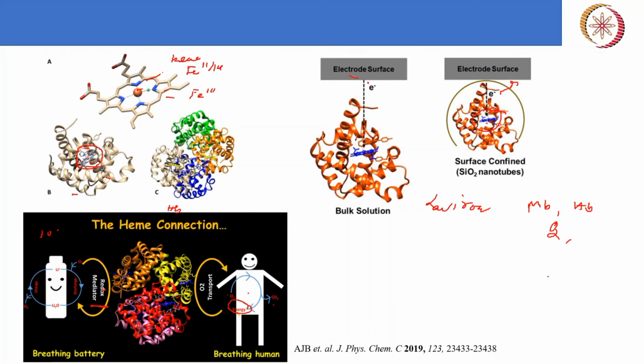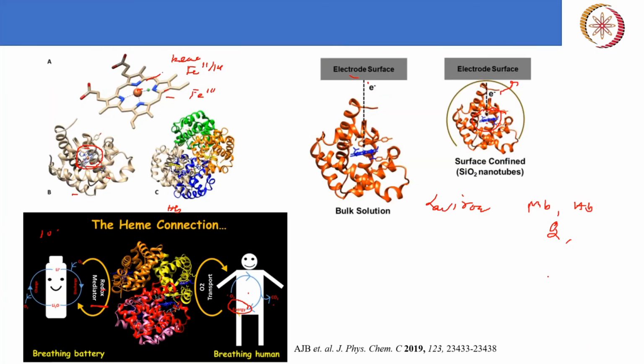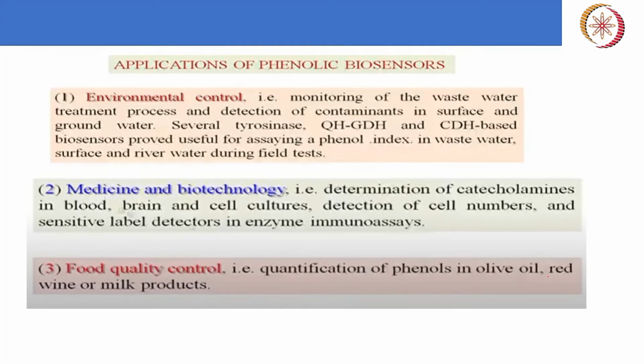Now we will discuss the application of biosensors. One of them is the phenolic biosensor. In wastewater, which is an important part of environmental science or environmental control, phenol can mix with the water and make the drinking water toxic.